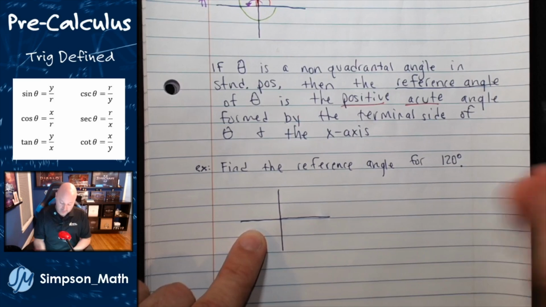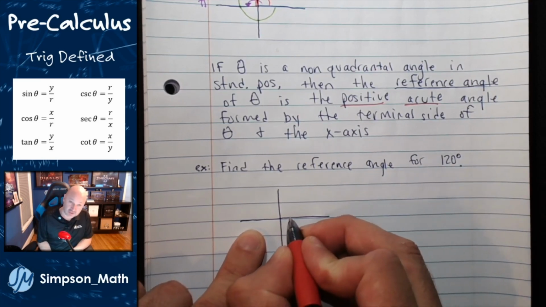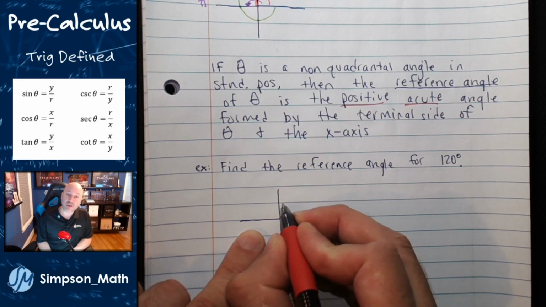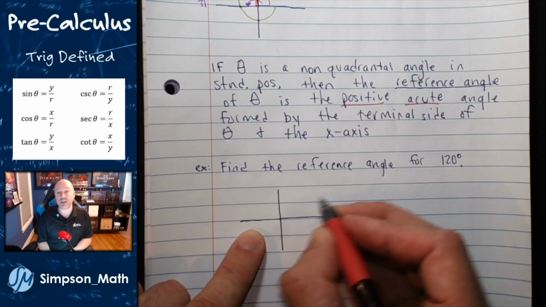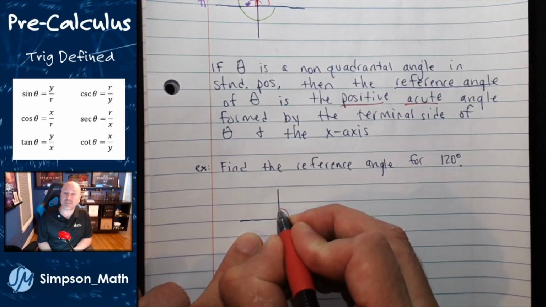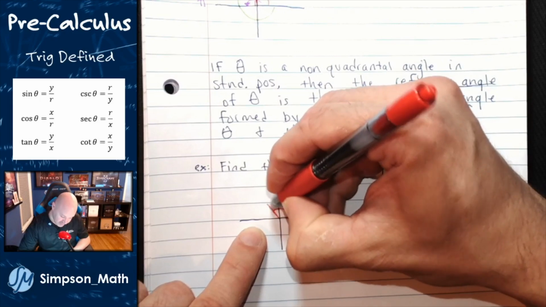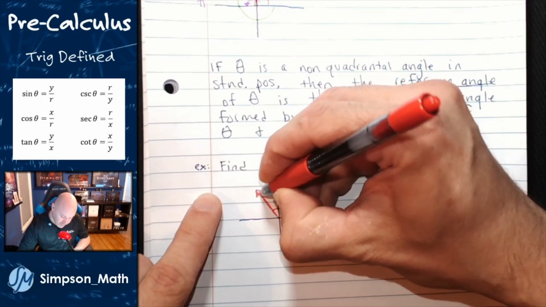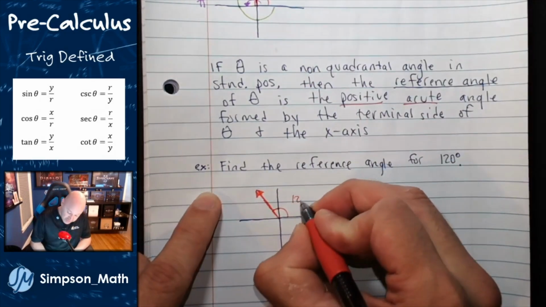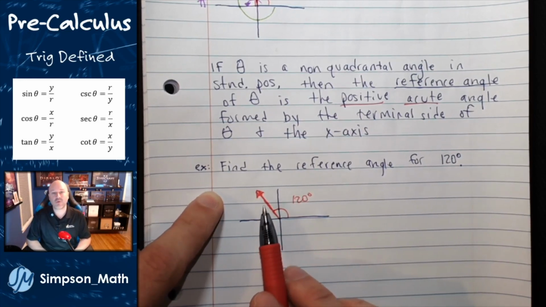I know if I start on the initial side, which is the positive x-axis, and just go in a counterclockwise rotation, that's creating a positive angle. I'm going to go 90 plus another 30, which is about a third of a quadrant. And this red angle is 120 degrees, and yes, I would call this a non-quadrantal angle.